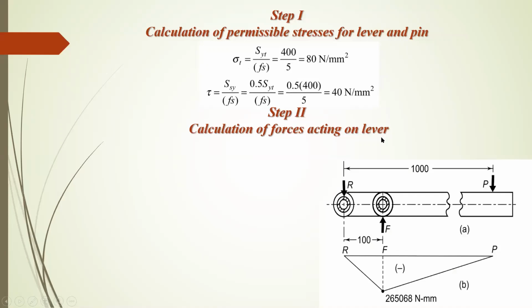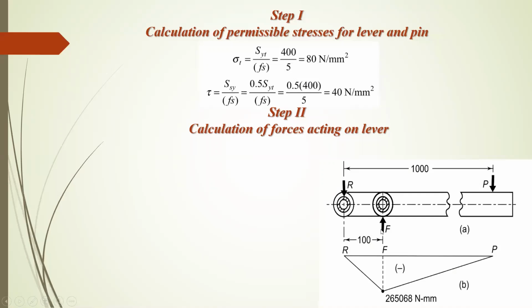Now step number 2 is to calculate the forces acting on the lever. Here in this diagram you can see the lever. What are the various forces acting on the lever? Here P is the dead weight at the end of the lever. F is the force by the opening of the wall.